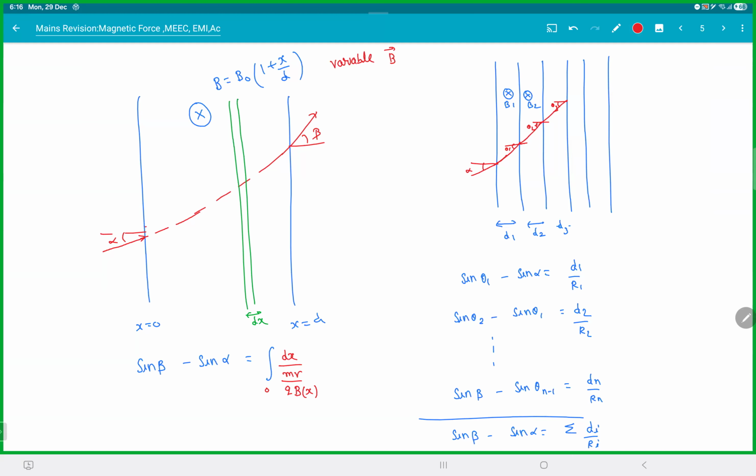Limits will go from 0 to d. So this will be q by mv integral B naught 1 plus x by d dx. Limits will go from 0 to d. That would be d plus d square by 2d. That will be 3 by 2. So 3 qB naught d by 2mu.